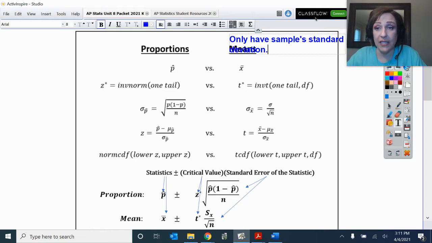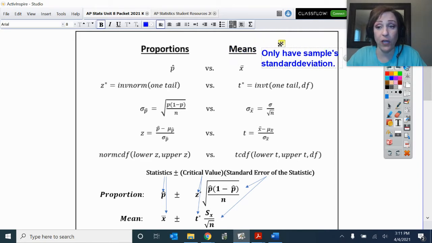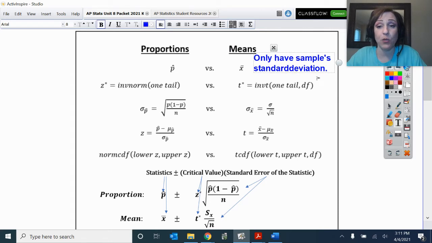You are using the sample's standard deviation as an estimate, not the population standard deviation. So we're using means if we only have the sample's standard deviation, not the population one.